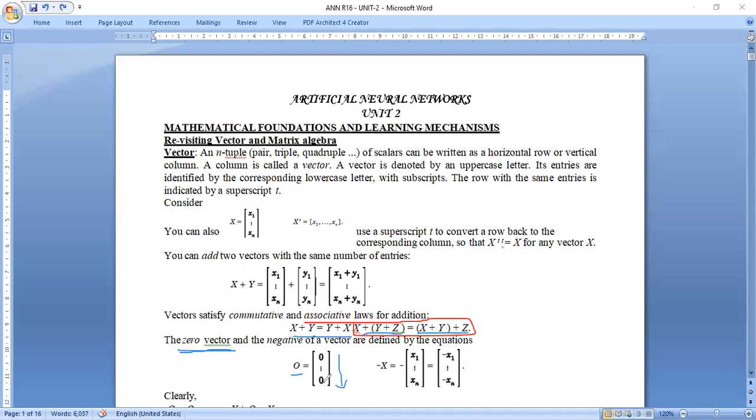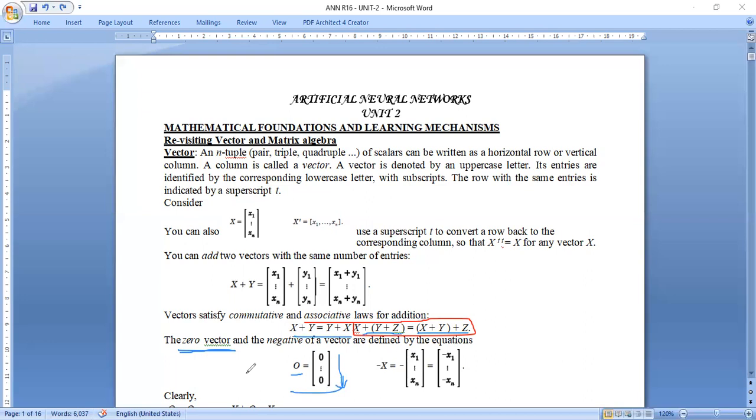If you have a vector like this, it is called a zero vector. All the entries in the zero vector are zeros itself, isn't it? Such kinds of vectors are called zero vectors.